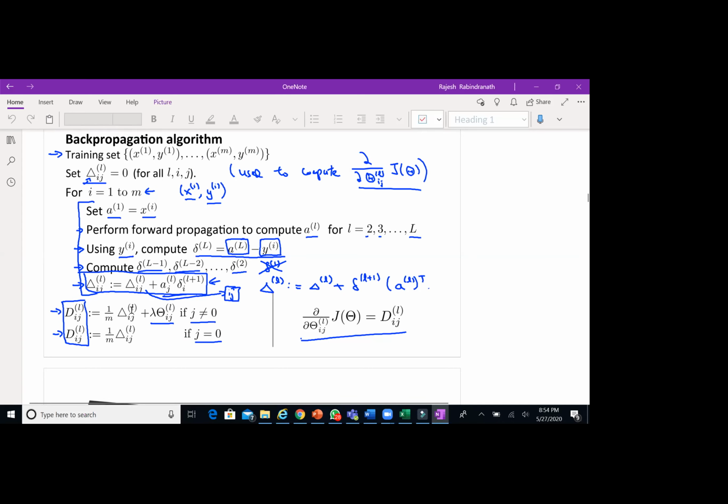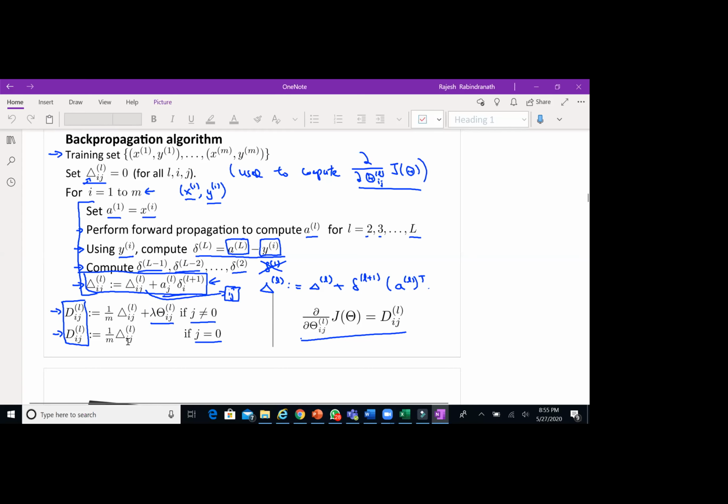So the error function is 1 by m delta Lj, and j equal to 0 means it is for that initial parameter theta 0. Only for theta 0 do we apply the lambda if regularization is there.